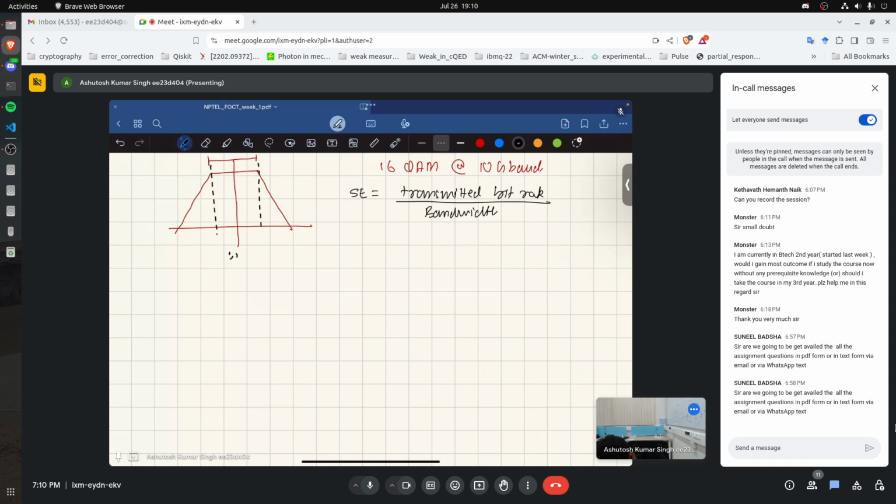If this is omega c, this is omega c plus p by 2, omega c minus p by 2. Now we have already seen multiple times the conversion from bit rate to baud rate. Bit rate is log 2 of 16 into baud rate.